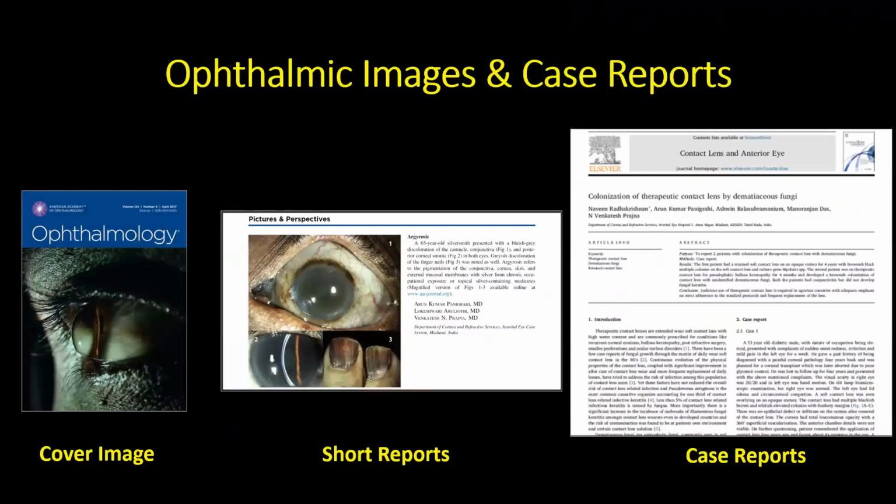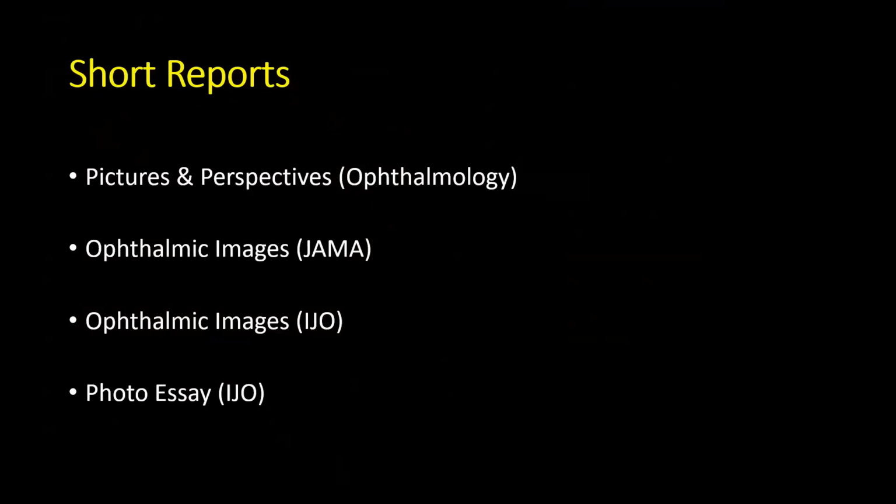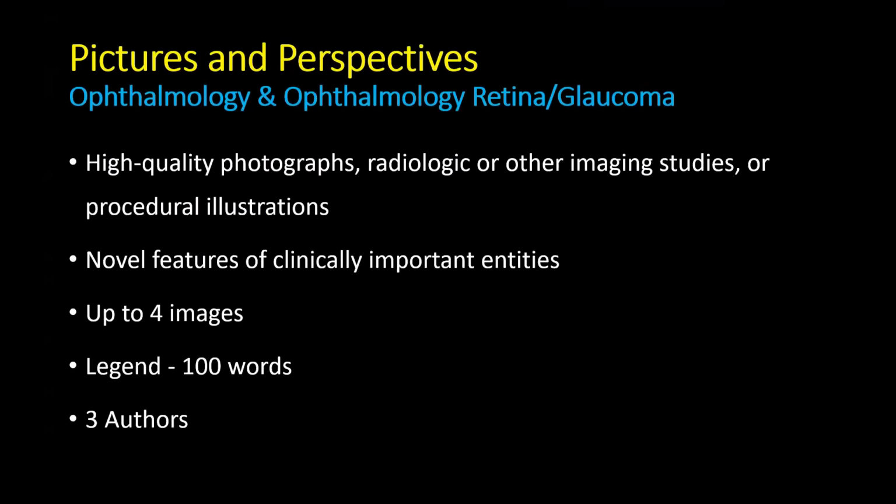The next part is short reports or abridged reports. You have the Pictures and Perspectives section in Ophthalmology, the Ophthalmic Images section in JAMA, and in IJO you have Ophthalmic Images and Photo Essays. In Pictures and Perspectives, again you need good quality photographs.